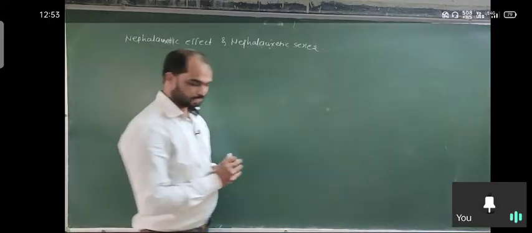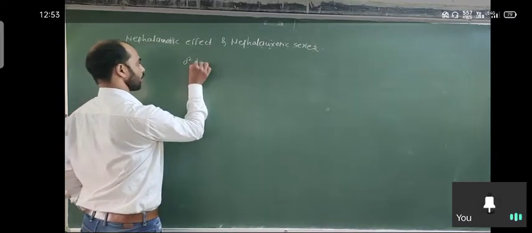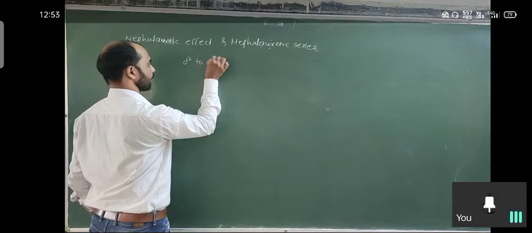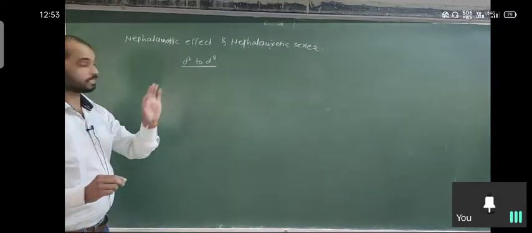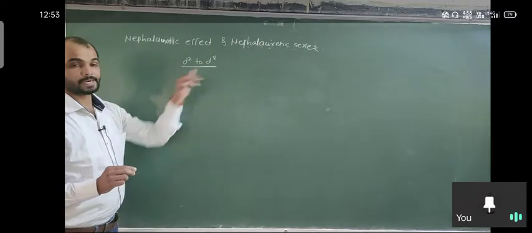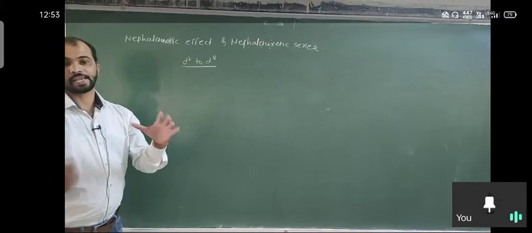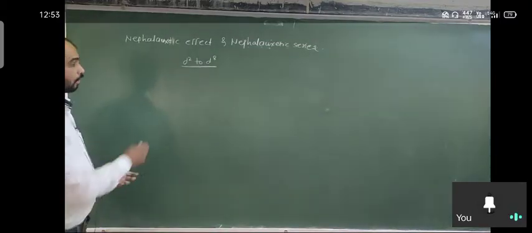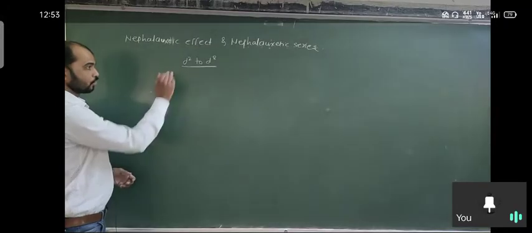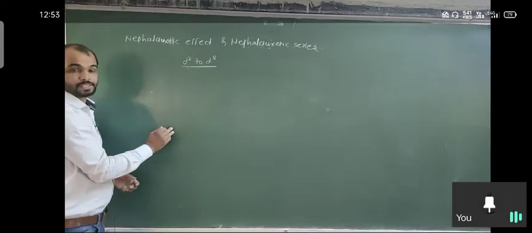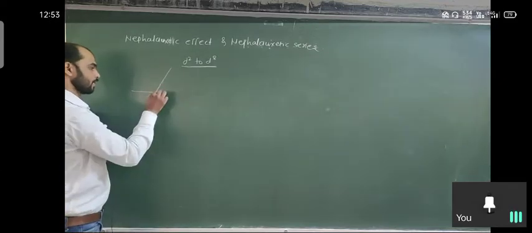So we consider the energy level diagram for the d2 to d8 systems. You already know that in the energy level diagram the d orbitals split into two energy states, and between them there is a 10 Dq value.